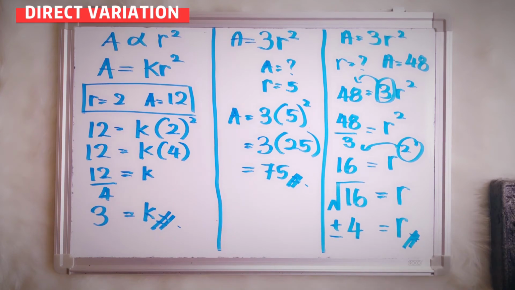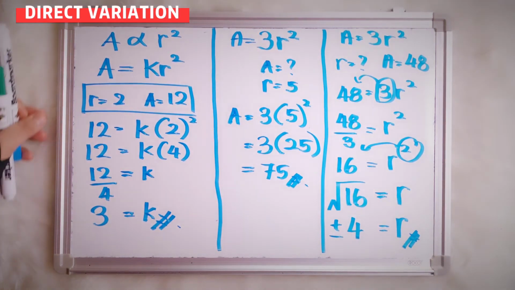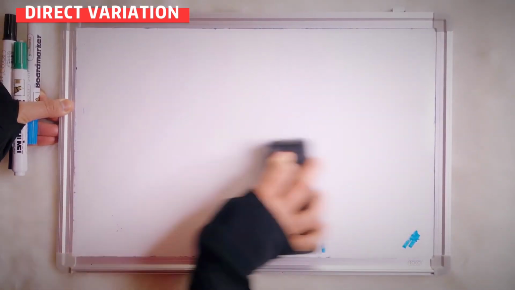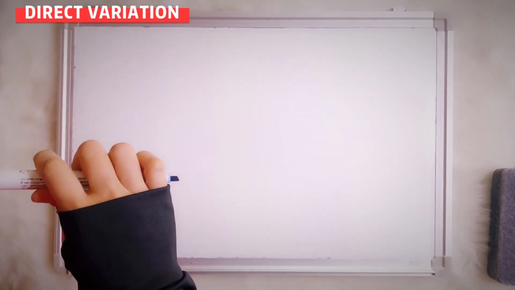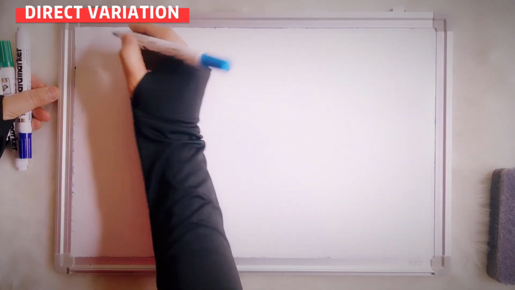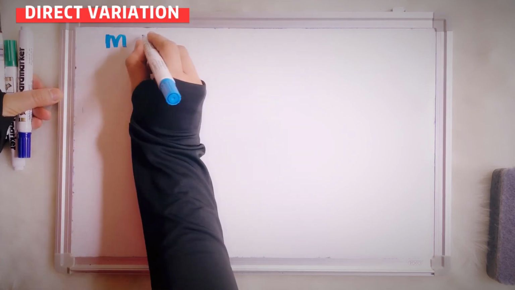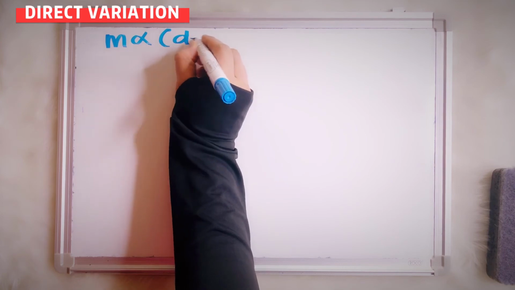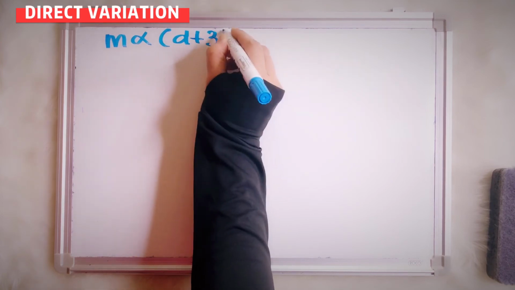Okay, now, okay, next one. Okay, let's see. Okay, last question, yeah? So, m varies as d plus 3.